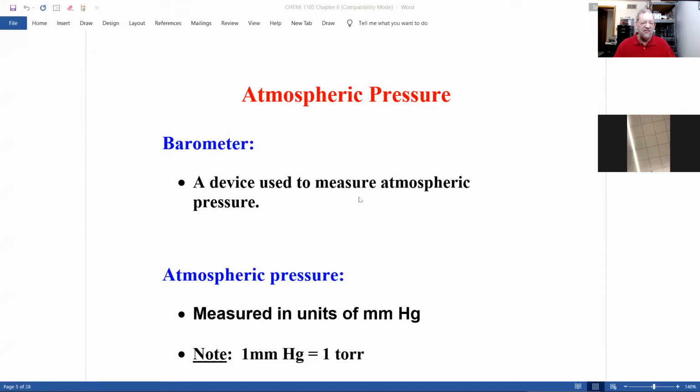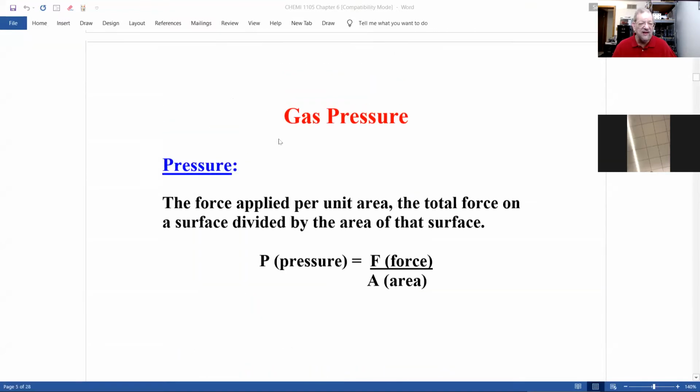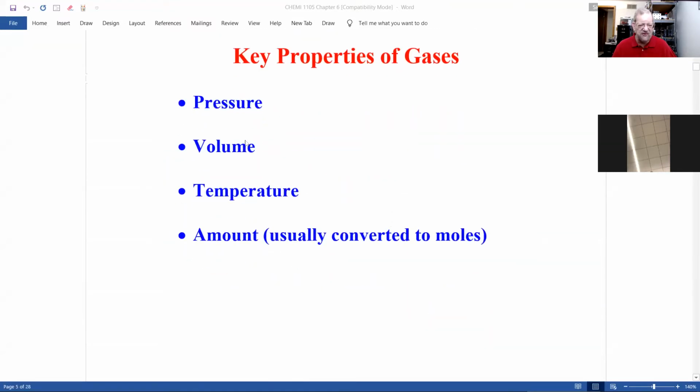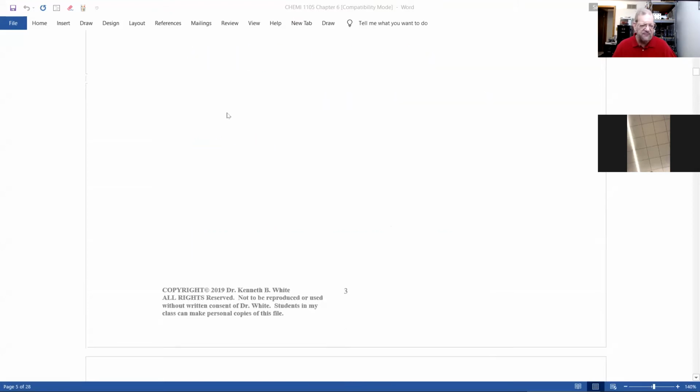One of the important things you learn about gases, and that's what we're talking about, you think about the fact that right now you're breathing, you're surrounded by gases, you forget about that. But anyways, when we talk about gases, there are many things you can measure, and one of the most important is the pressure.